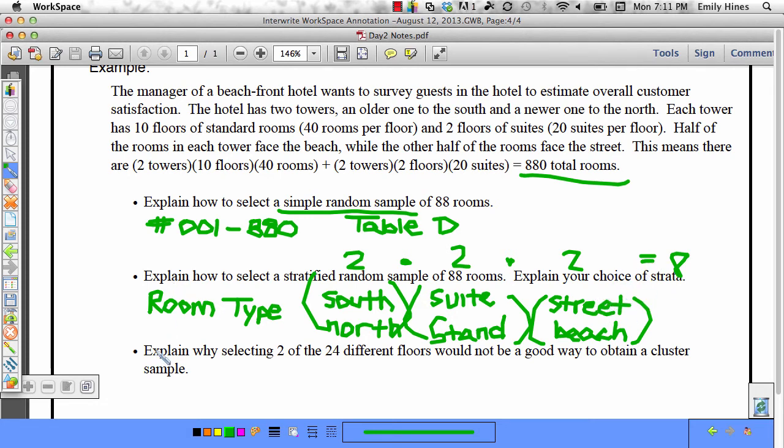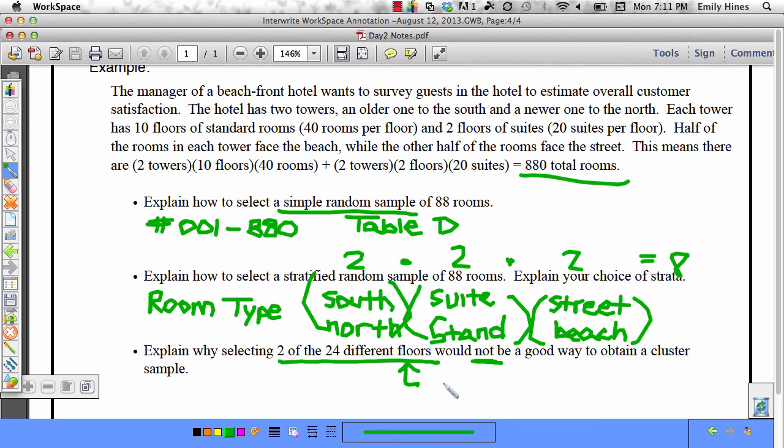Okay, so why would 2 of 24 different floors not be a good way to obtain a cluster? Remember, I want clusters to mirror the population. All of the rooms on each of these floors is the same type of room.